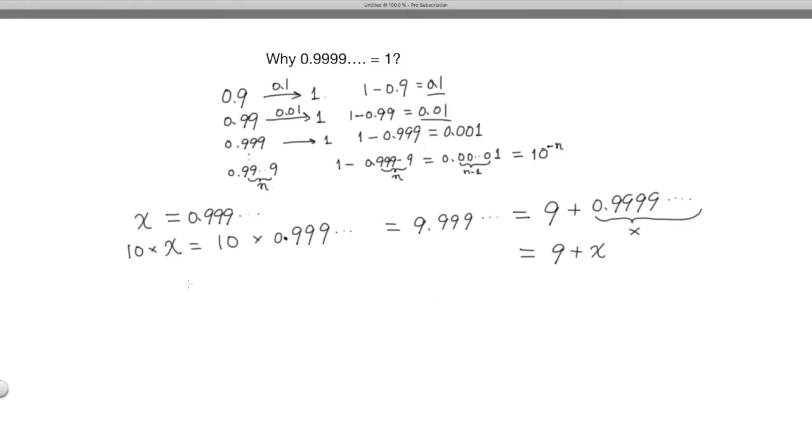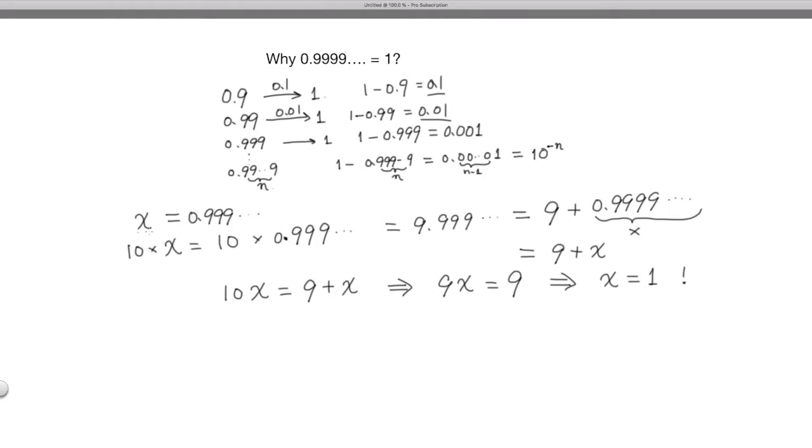Let me write down the furthest left thing, 10x, and the furthest right thing, 9 plus x, which means 9x equals 9, which means x equals 1. Aha! We just proved that x equals 1.